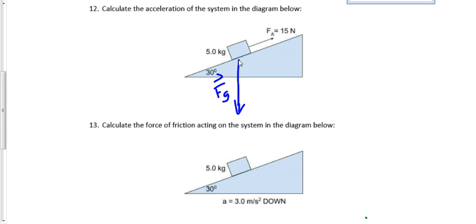What other force do we have acting here? The normal force. And the normal force acts at 90 degrees to the surface right here. Exactly 90 degrees to that surface. Tell me when to stop drawing the normal force. Okay, I heard it from a couple people to stop there. That's where we would stop, right?